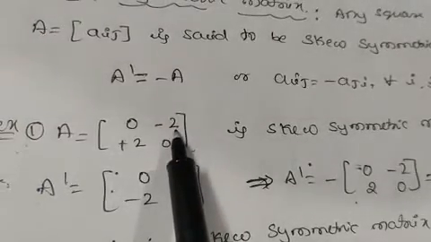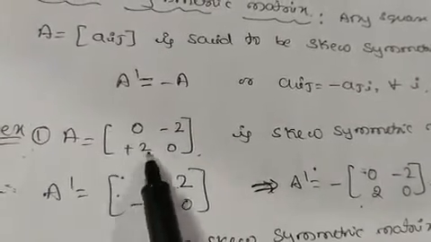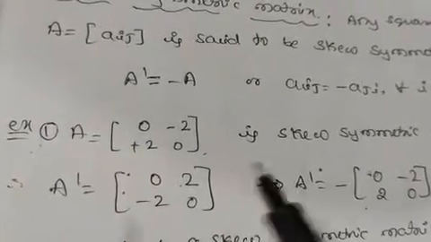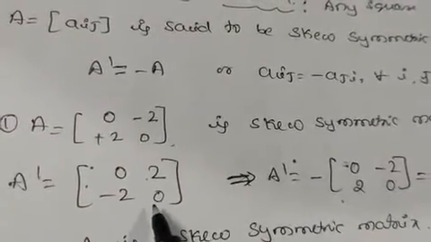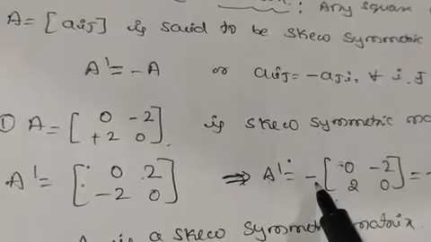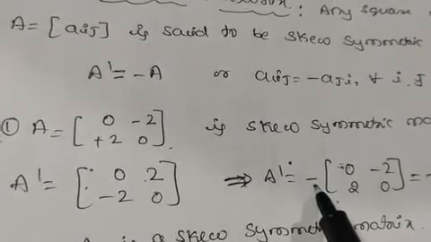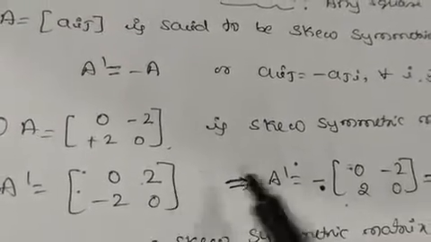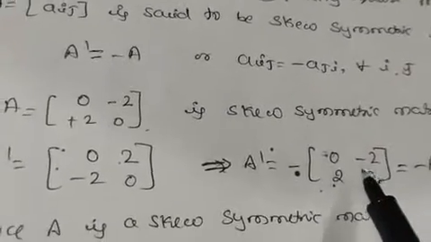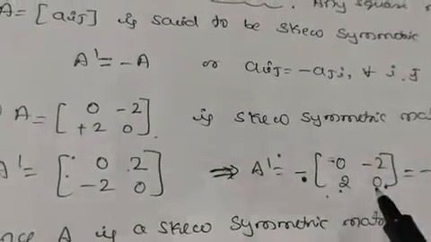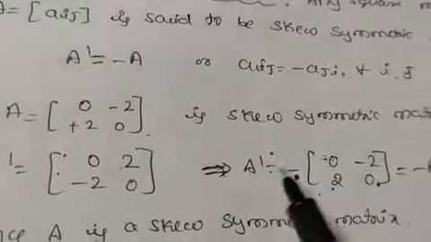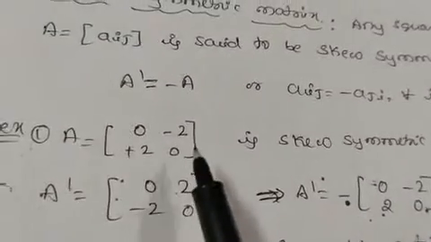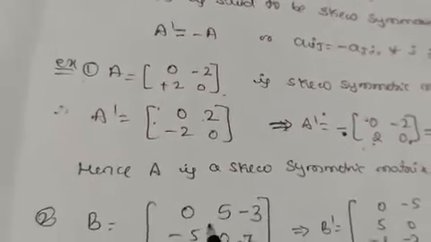The row 0, minus 2 you write as a column, and the second row becomes the second column. Next, take the minus sign common, which means you multiply all the elements by the minus sign. This is 0, minus 2, 2 and 0, and we can see this is matrix A. So A dash is equal to minus A. Therefore, we can say that it is a skew symmetric matrix.